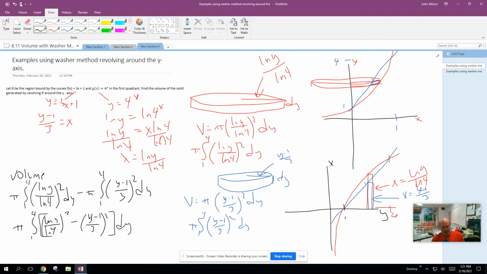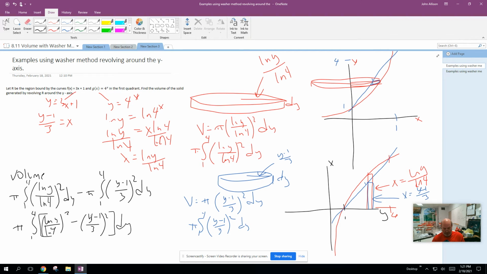Most of the time, if you have to do it on the non-calculator part, you would just set up the integral and solve, or you don't want to solve it. Here, I'm going to go ahead and solve it on the calculator and get math 9. I'm going to do the integral difference first, and then I'm going to multiply the answer by pi. So I'm going to have the integral from 1 to 4, and inside here, I'm going to have ln x over ln 4, close parentheses, squared, times the variable of integration.